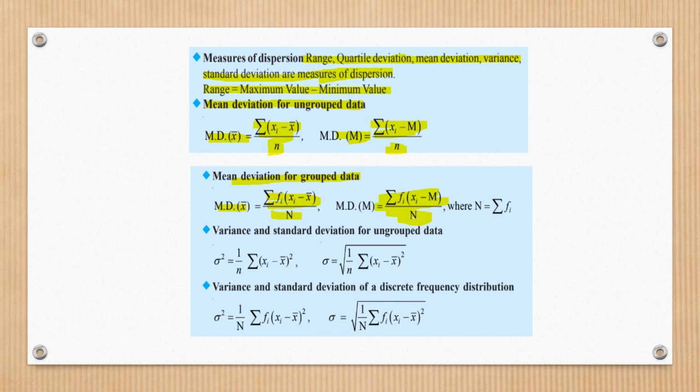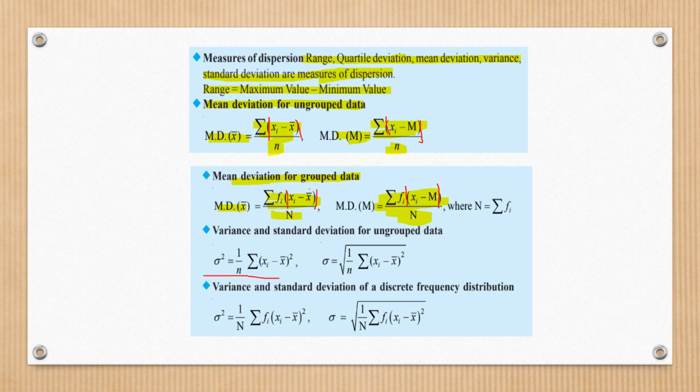So we need to put a sign of mod here. And in case of standard deviation, to make it positive, we consider the squares.